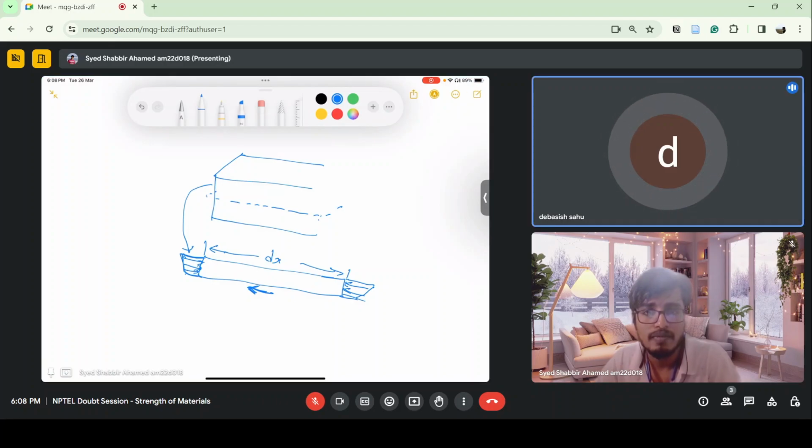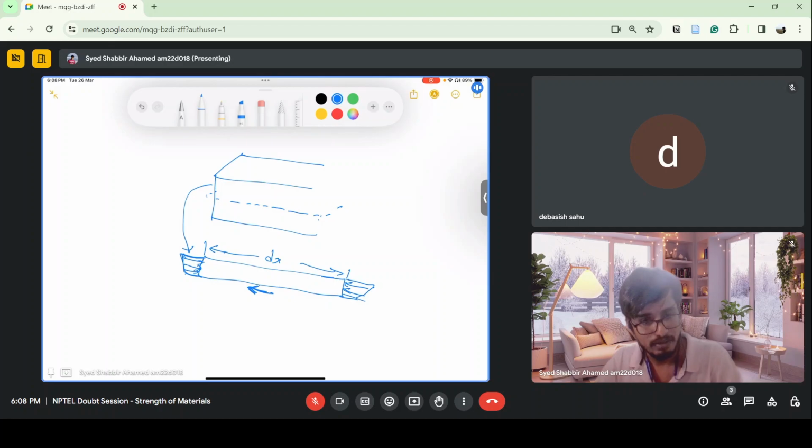Sir, that is the point. How do you consider this direction toward this way, the bottom surface? You can take either way, it's not a problem. But here, we have taken the axes like this, X and Y. So from the top, you are going in the negative direction, so we get the negative face. Negative face means we will take it in the negative x-axis direction.